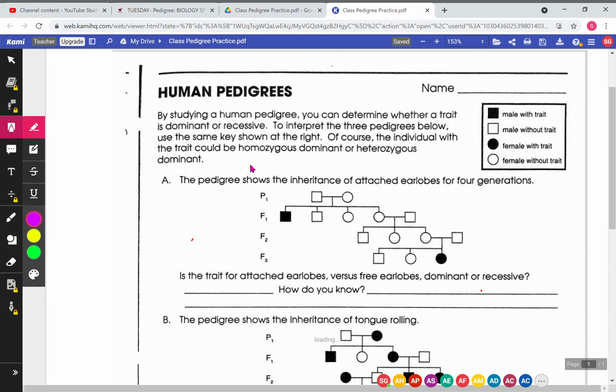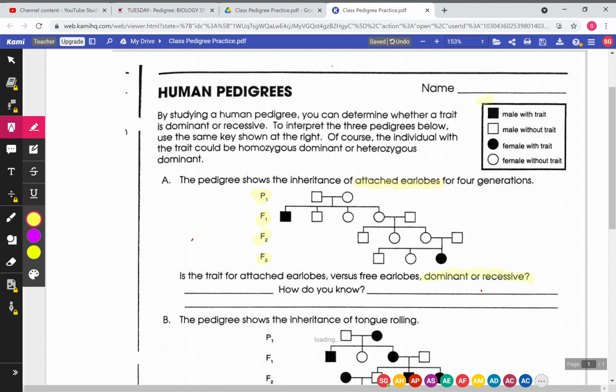The pedigree shows the inheritance of attached earlobes, for 4 generations. 1, 2, 3, 4 generations. What it wants to know is the trait of attached earlobes versus free earlobes dominant or recessive?